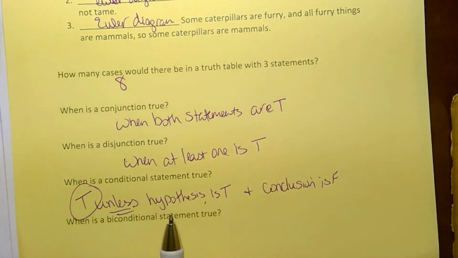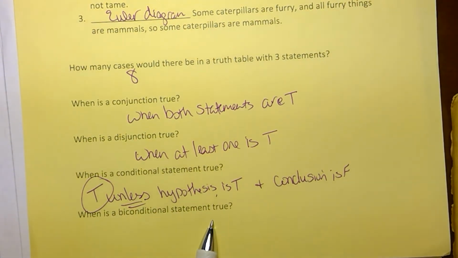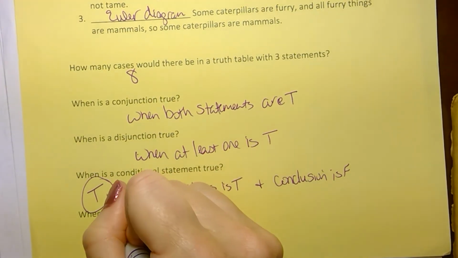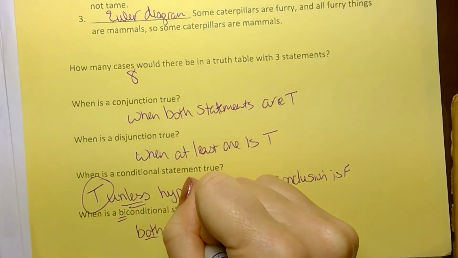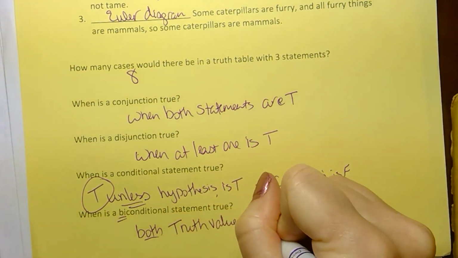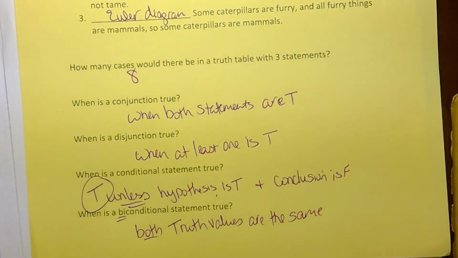That's the case that makes an if-then statement false. Okay, when is a biconditional statement true? Well, the biconditional statement is true when both truth values match or are the same. Remember, biconditional, bi means 2. If both truth values are the same, then the biconditional statement is true.